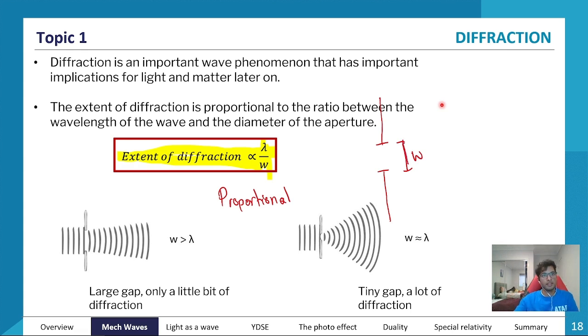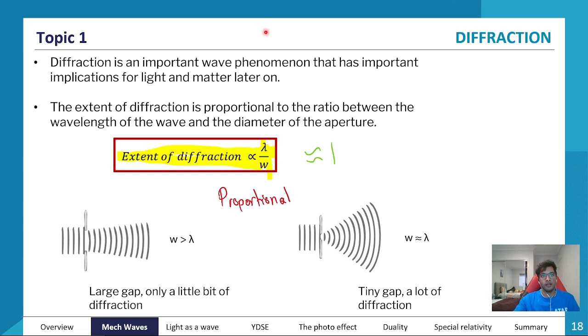Cool. The next thing you have to keep in mind is this is a ratio. So the extent of diffraction is proportional to the ratio of the wavelength divided by the width. So if you want to maximize diffraction, you want this value to be close to 1. You want that to equal approximately 1.